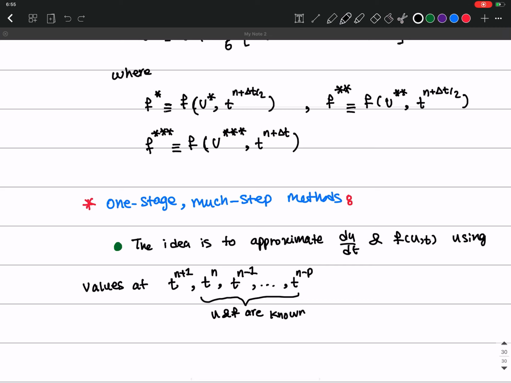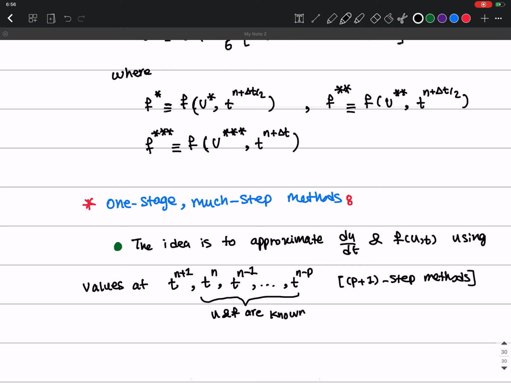Okay, and if you use all these steps, this approach is called a p plus 1 step method, right? So if say p is 0, then you are only going to use tn and possibly tn plus 1, and this is called a one-step method, which was what we already saw.